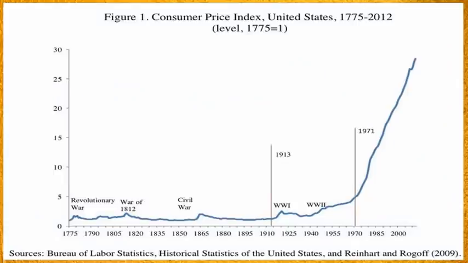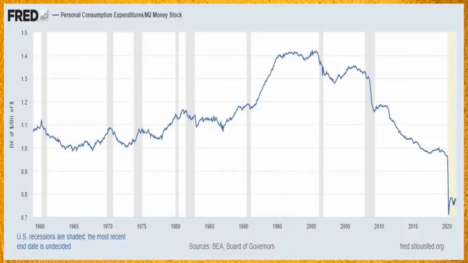We all know that consumer prices have been consistently rising over time, but this has only been a thing in the fiat era. You can see on this chart that before 1913, consumer prices were relatively flat and just moved within a narrow range. If we look at the ratio of personal consumption expenditures to M2 money supply, it looks the same as the wage ratio chart, doesn't it?